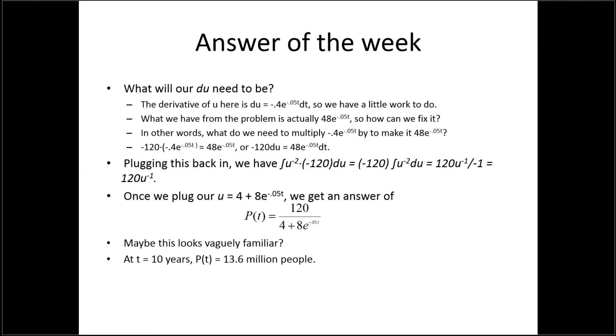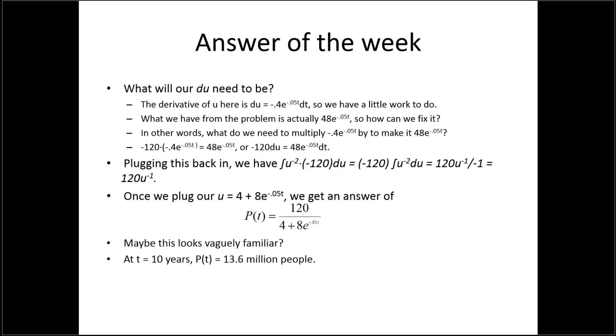So the integral of this, again, you could pull out the constant, so it would just be negative 120 times a pretty simple function: negative 120 times u to the negative second du. And the solution to that is going to be negative 120 u to the negative 1 divided by negative 1, which is just 120 times u to the negative 1.